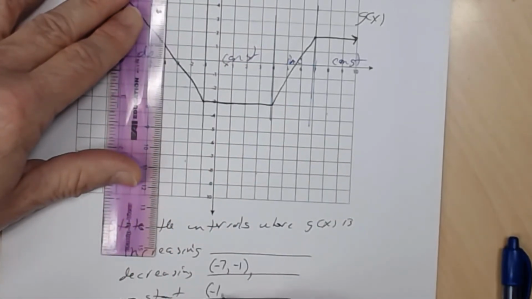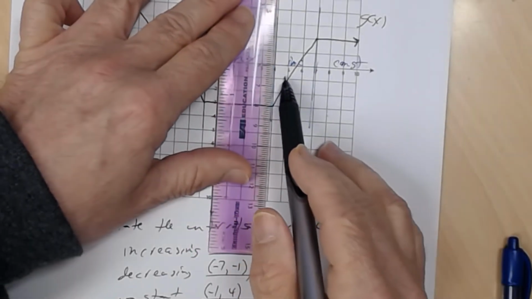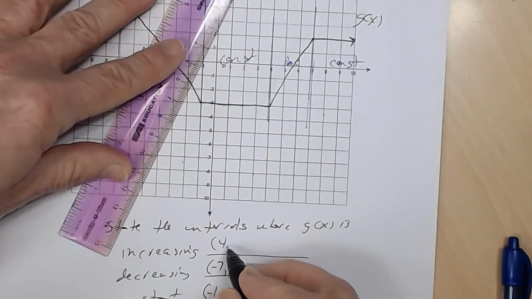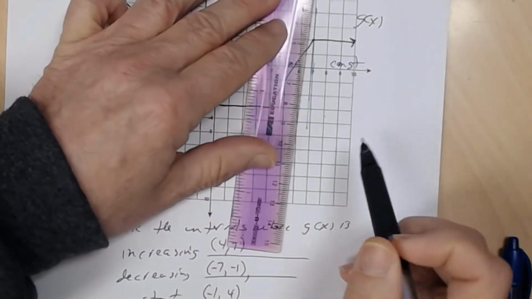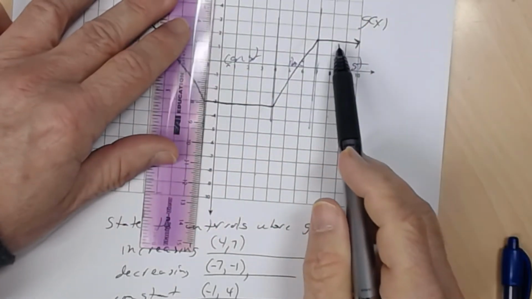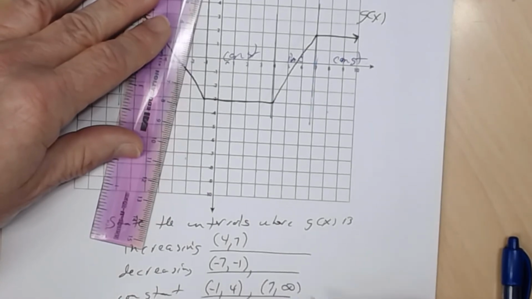Constant. -1 to 4. And then from 4 to 7, what are those y values doing? Increasing. 4 to 7. And then from 7 to infinity, what are those y values doing? Constant. From 7 to infinity.